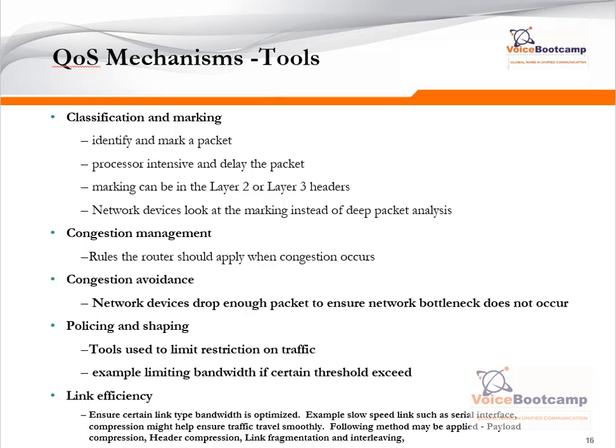For example, on slow speed links such as serial interfaces, compression might help ensure traffic travels smoothly. The following methods may be applied: payload compression, header compression, and link fragmentation. Link efficiency is mostly used on links that are slower than T1 speed.